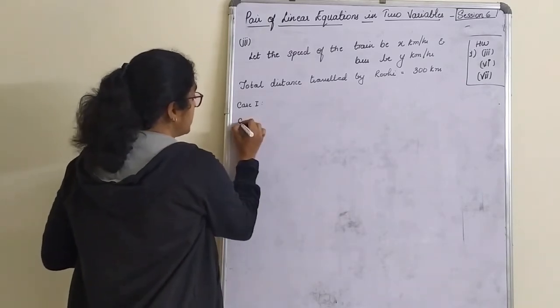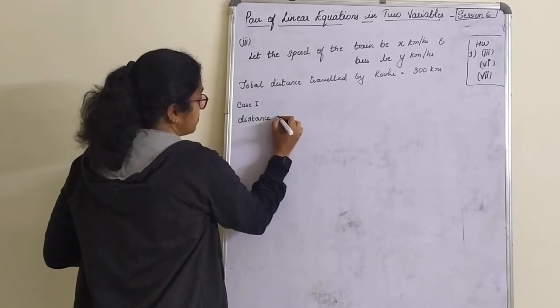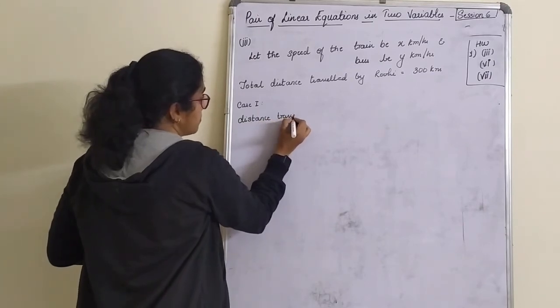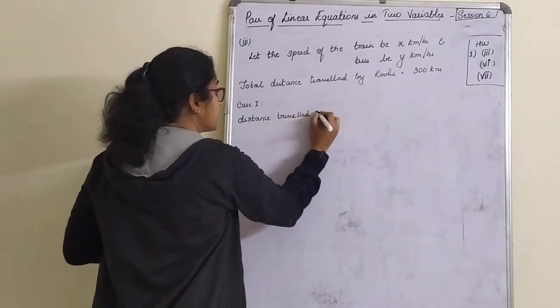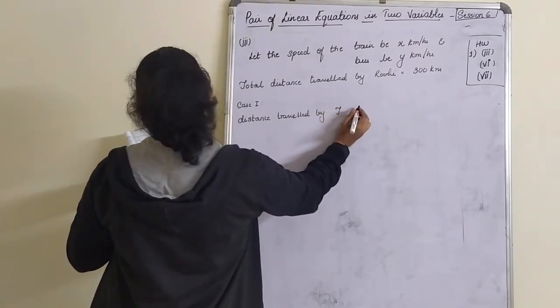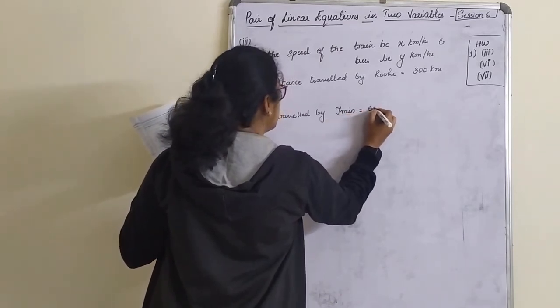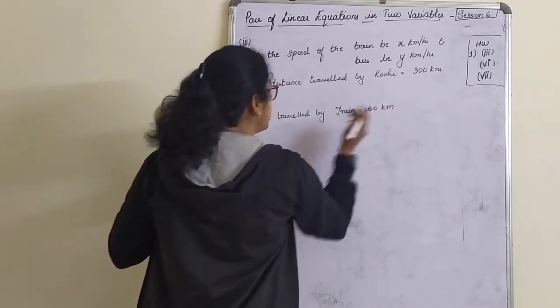Case 1. Distance travelled by train, first is train, right? Yes. By train is equal to 60 kilometer.